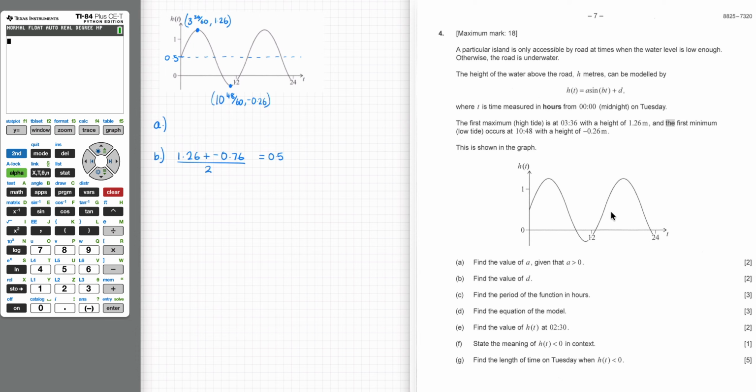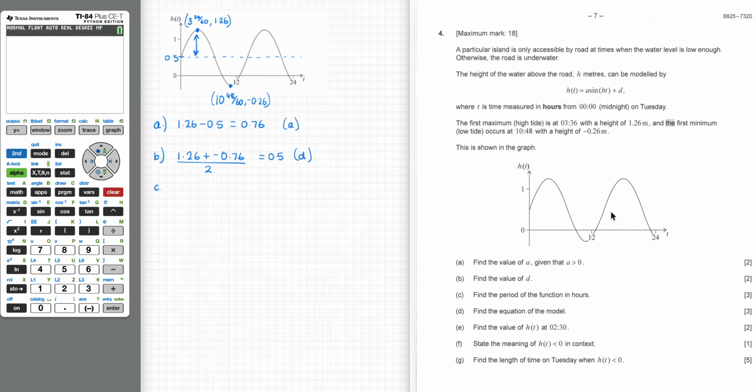Then I can go back to find my A value, which is the amplitude. So that's going to be the difference between the maximum height and the 0.5, the principal axis. So that is 0.76.